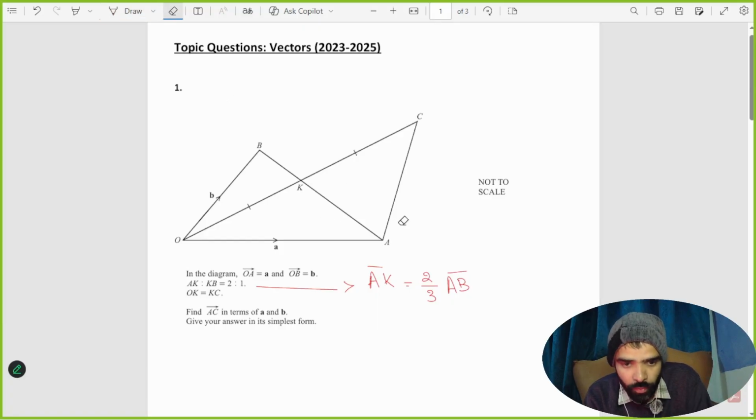Yeah, I can also write that 2AK equals AB.